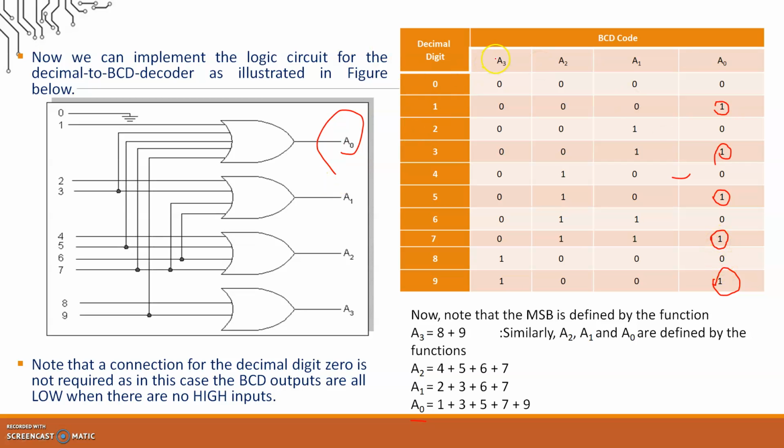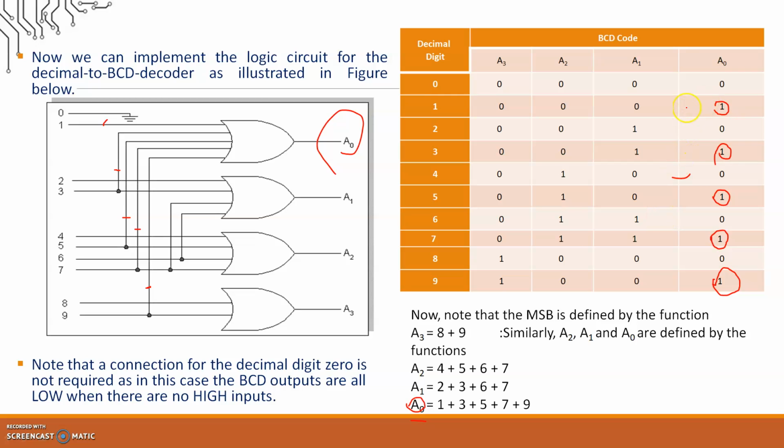So A0 is connected with 5 inputs: A0 is connected with 1, 3, 5, 7 and 9. So A0 is 1 plus 3 plus 5 plus 7 plus 9.